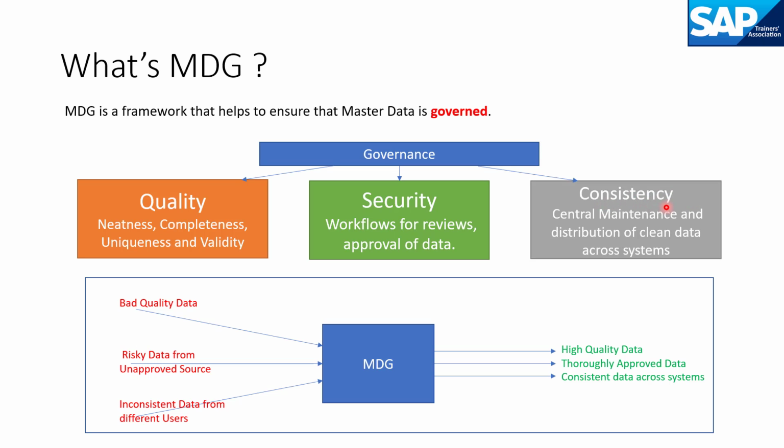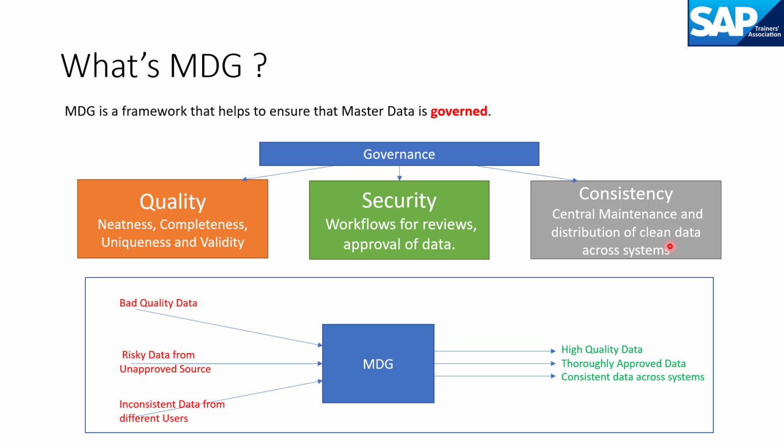Then consistency, central maintenance and distribution of clean data across systems. Another thing is that data should be the same across all the systems. A business can have many branches. They can have their own local computer systems, local ERPs, local logbooks.